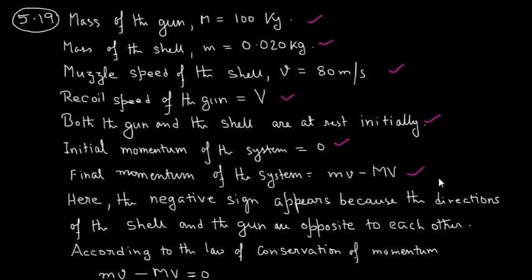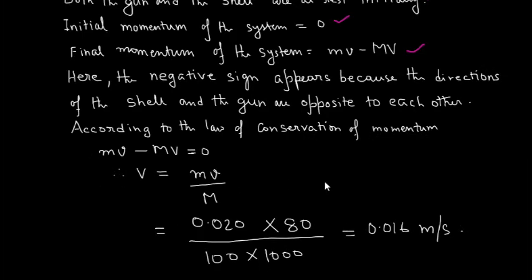Here the negative sign appears because the direction of the shell and gun are opposite to each other.